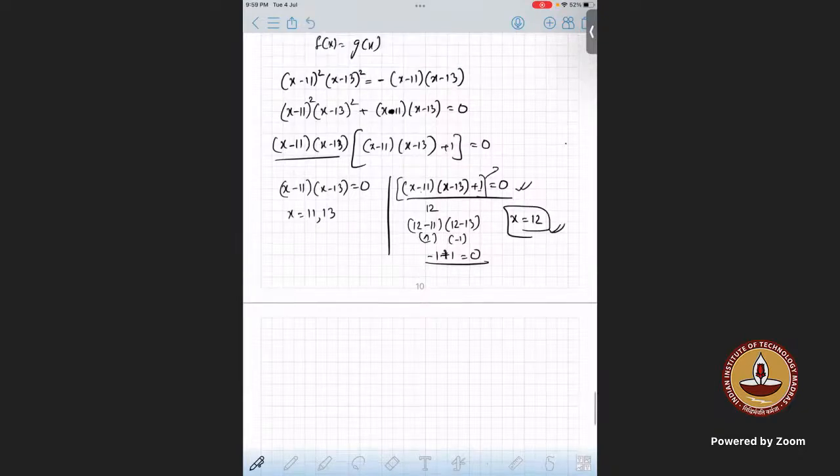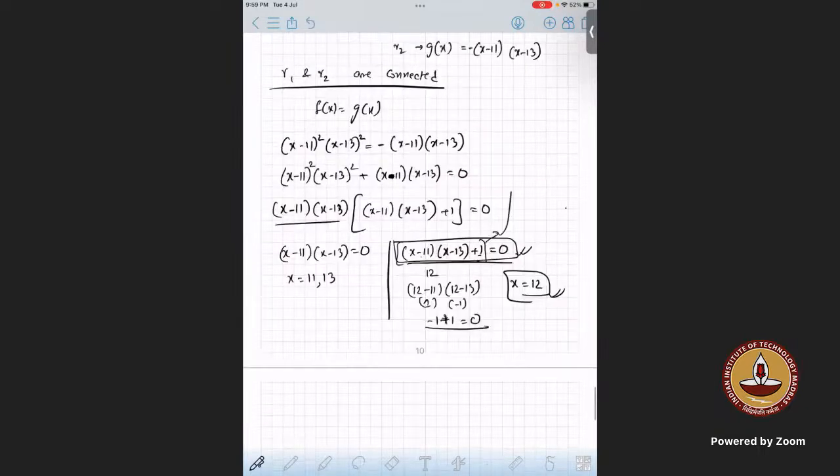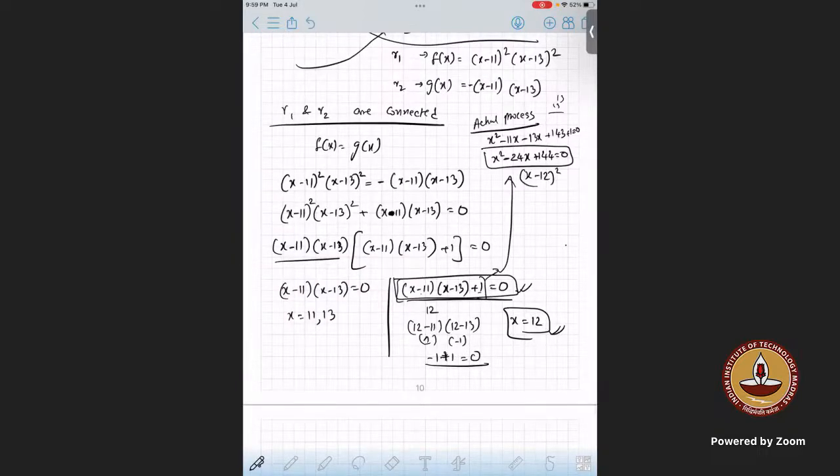But the actual process is, this is not possible every time. The actual process is to expand: x square minus 11x minus 13x plus 143 plus 1 equal to 0. X square minus 24x plus 144 equal to 0, which is (x minus 12) whole square equal to 0.